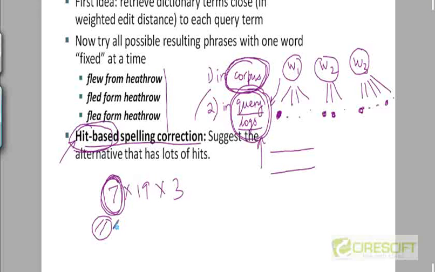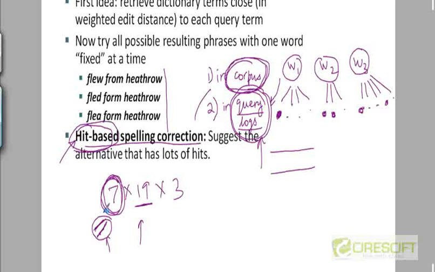and then you will combine these one or two with these 19, and then figure out which of these biwords are most common. So you will generate about 19 or 38 biwords, and you'll figure out which of these biwords are most common, again in terms of number of hits in the query logs.